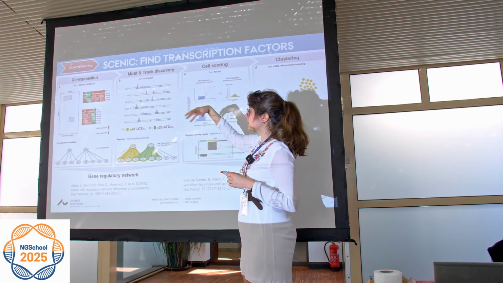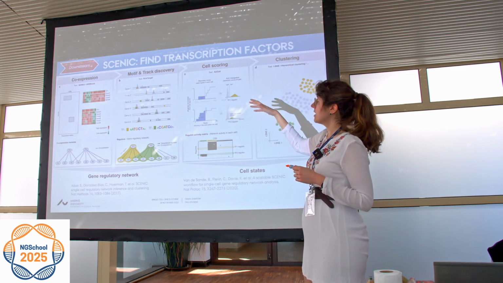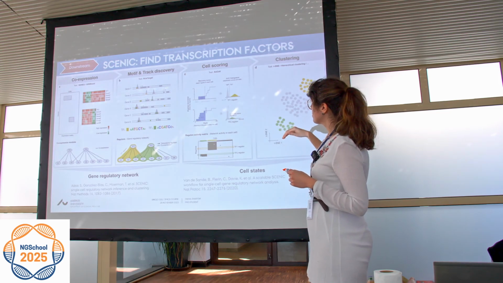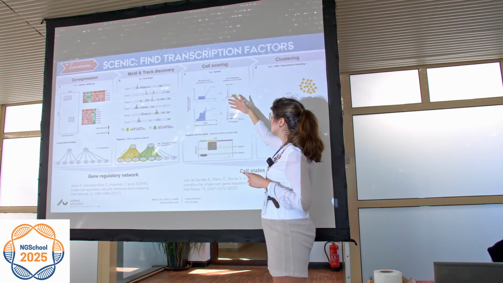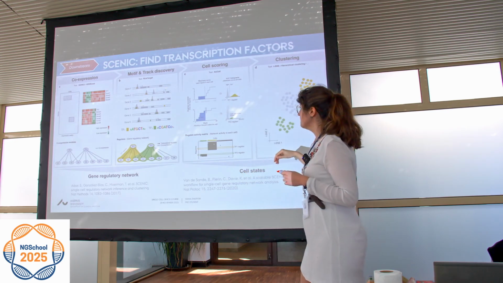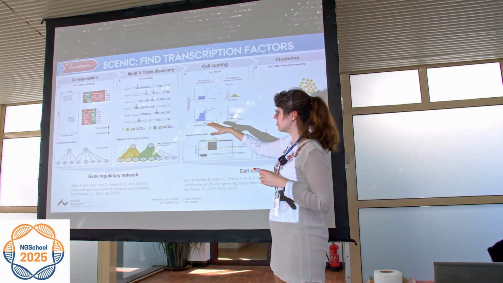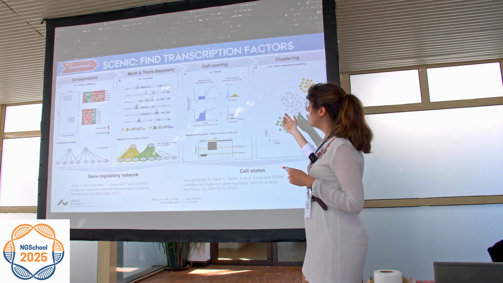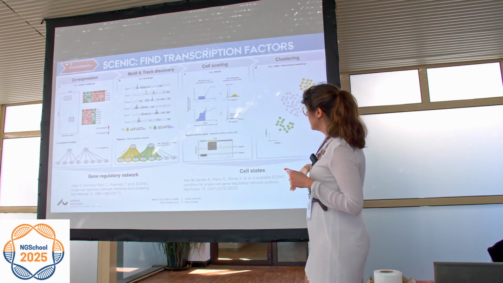You find co-expressed genes, then you know motifs for them, and you try to predict which transcription factors govern these co-expressed modules. Then you use AUCell to calculate the area under the curve, to understand how this regulon, a group of co-expressed genes under the control of a transcription factor, is represented in each individual cell.